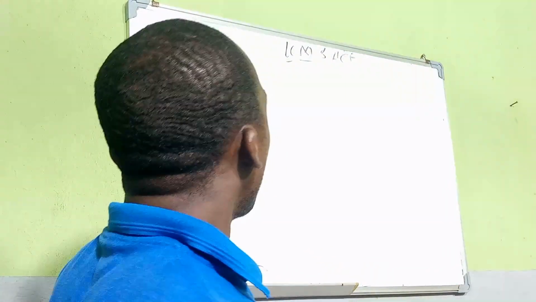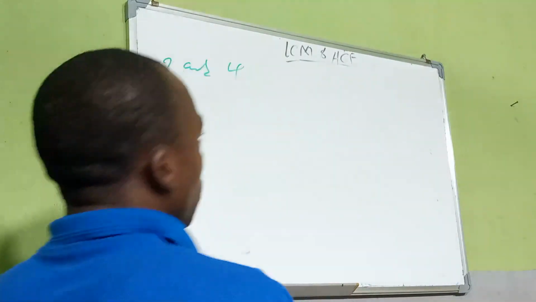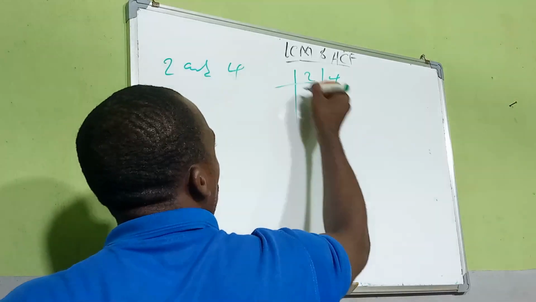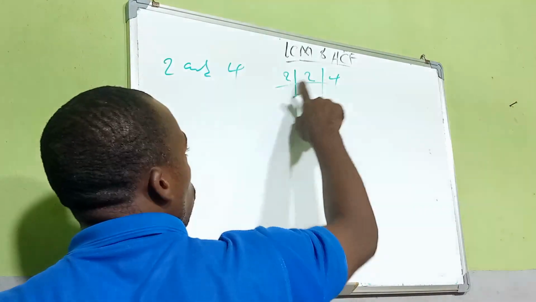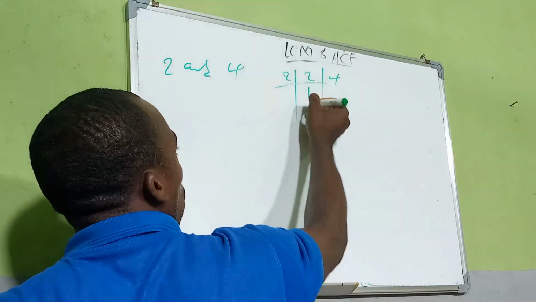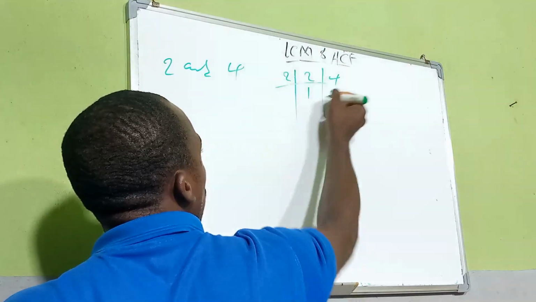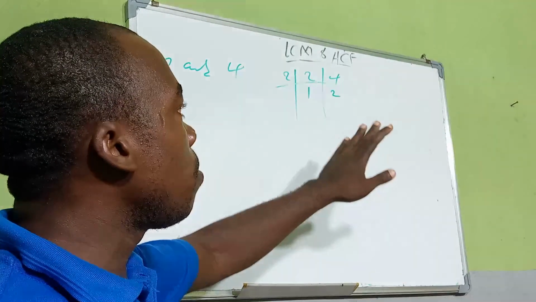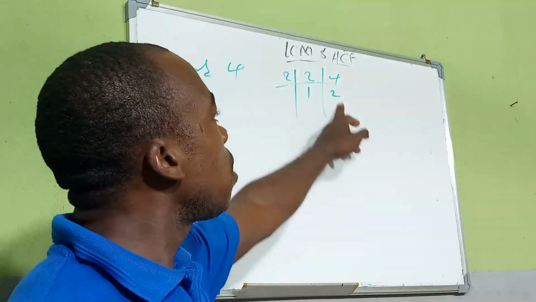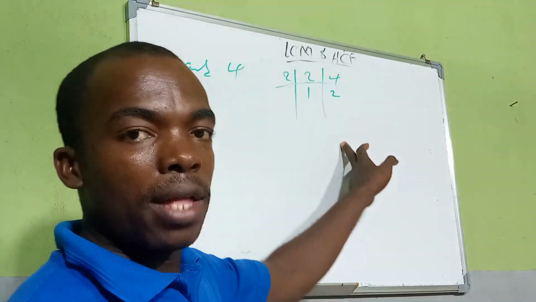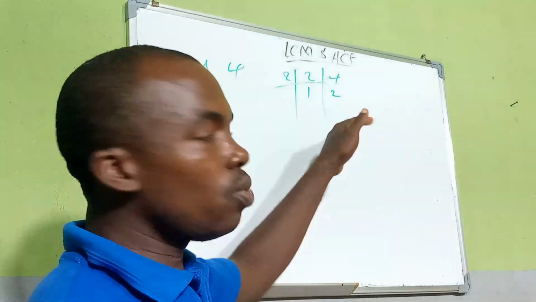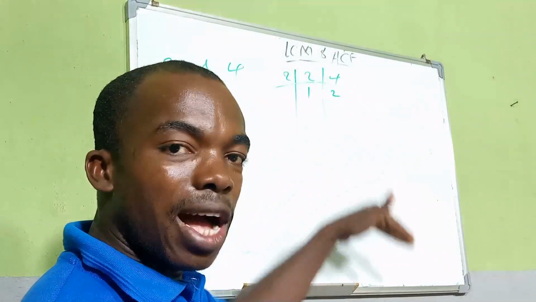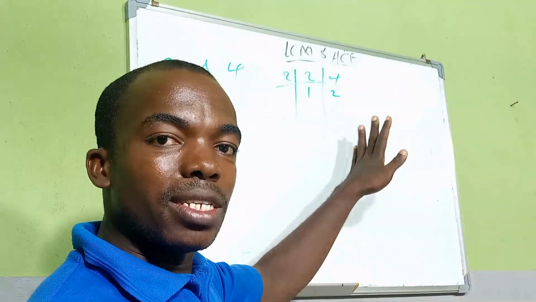You draw a line, then 2 and 4, then use 2 to divide: 2 gives 1, and 2 gives 2. In solving LCM, you must make sure that everything you are dividing comes to 1. Anything that will have a remainder, just bring it down. Don't divide it.